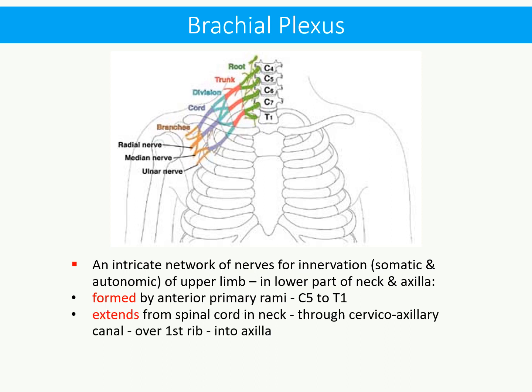It extends from spinal cord in the neck through cervico-axillary canal over the first rib and finally into the axilla. It consists of roots, trunks, divisions, cords, and branches.